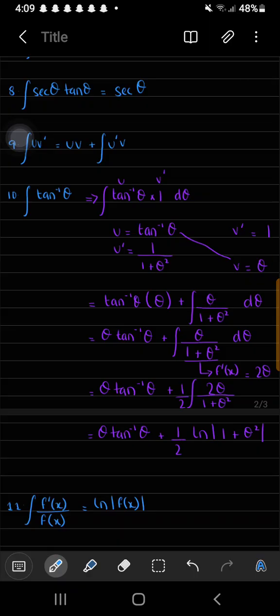We were given u and v prime, and then we find u and the differentiation of u, v and the differentiation of v. Then we just use by parts and try to simplify things. We use the shortcut, which is our rule 11, and then we got our answer easily.